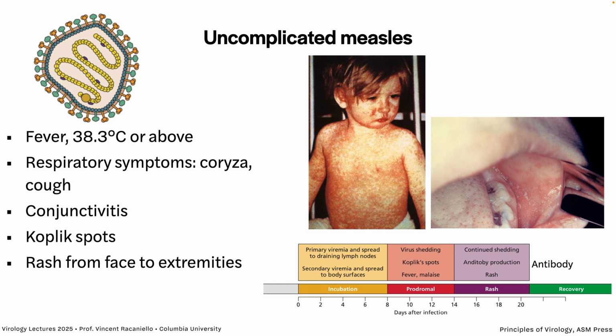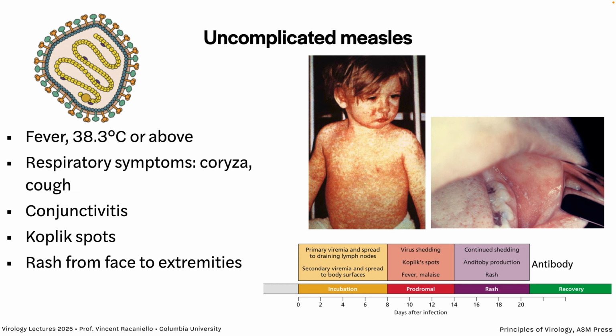Infection here at day 0, incubation period, no symptoms. Then we have a prodromal period where you have Koplik spots, fever, malaise. And so, depending on how you feel, you may go to school because you're shedding during this period.